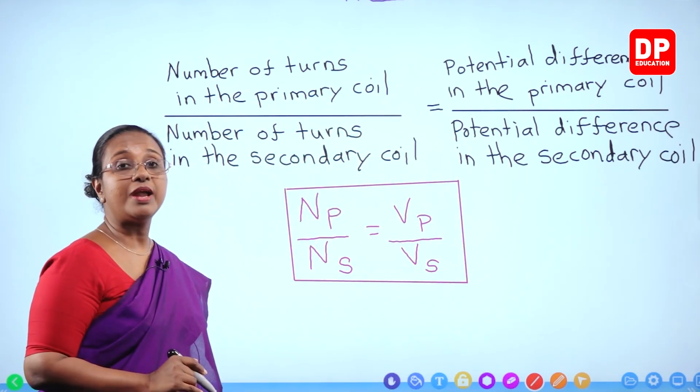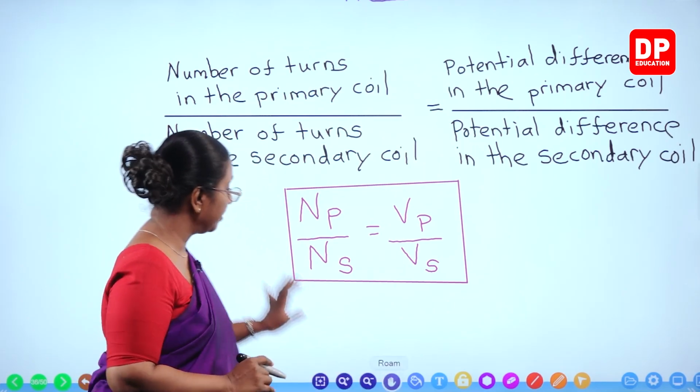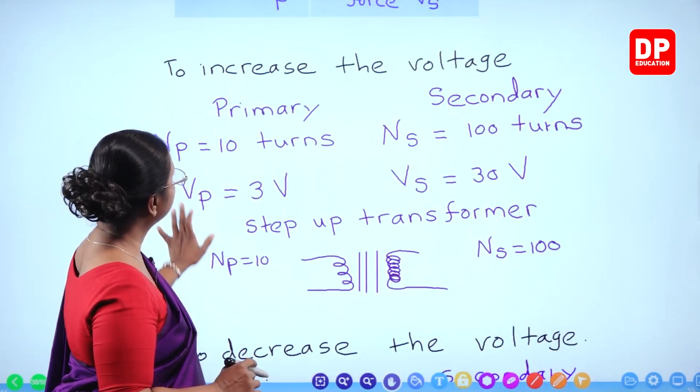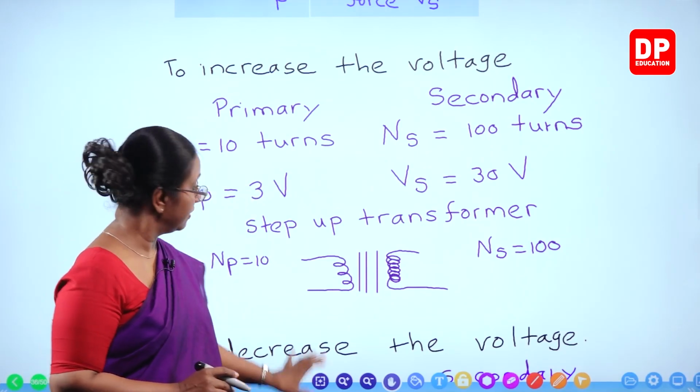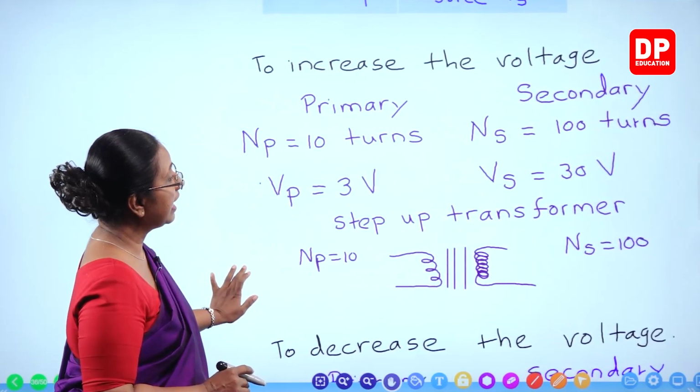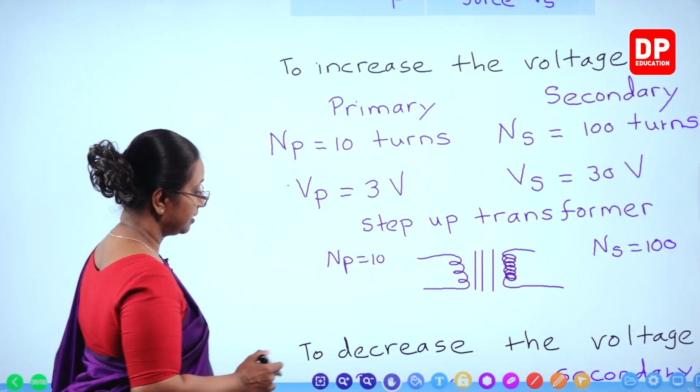Now, for the two examples that I showed you all, if I go back, here I explained to you the increase in voltage. You can see number of turns is given to you and the potential difference is given to you.